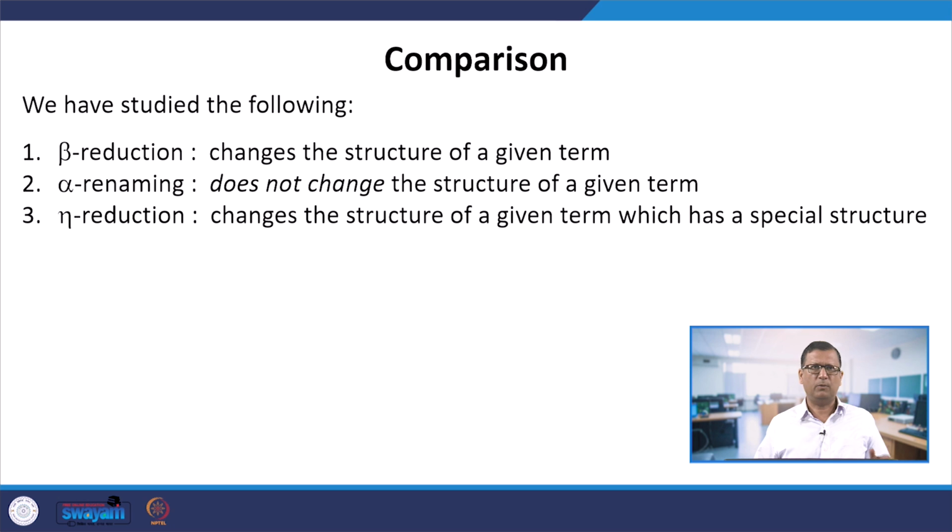Once we are familiar with lambda terms, we may not do alpha renaming at all, because we know which x means which x and so on. But if at any point you feel that you are not quite confident, you do alpha renaming and then carry out the term reductions as per your convenience.